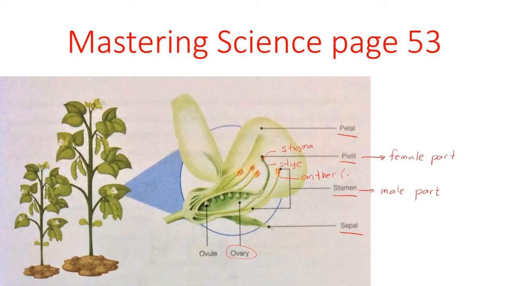It contains pollen, which was used by Mendel to study inheritance of pea plants. And this is your filament here. So again, your perfect flower has four basic parts: your petal, your pistil, your stamen, and your sepal.